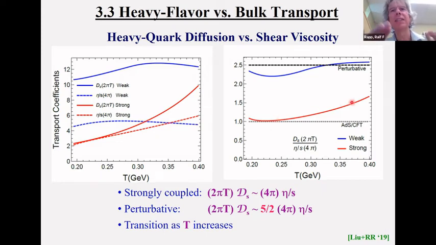I'm not saying yet that the T-matrix calculations fully respect the lower bound. We haven't proven that yet, but I think this is already a suggestive plot, a figure of merit, for whether we're dealing with a strongly or weakly coupled system.